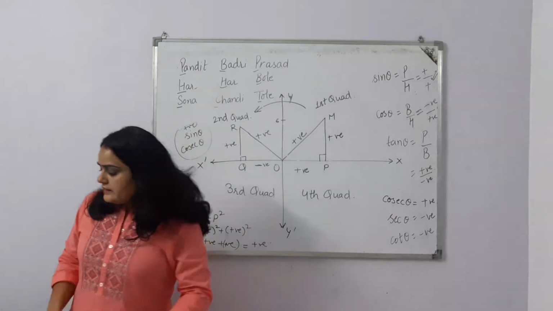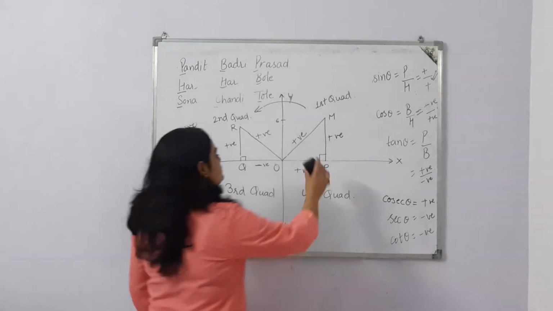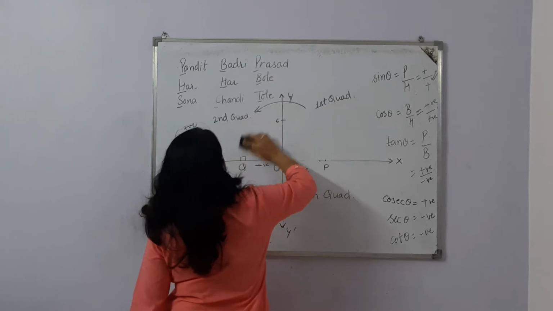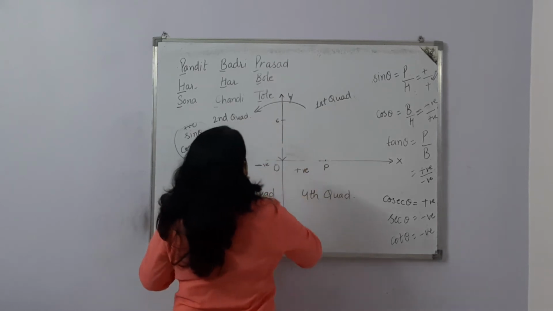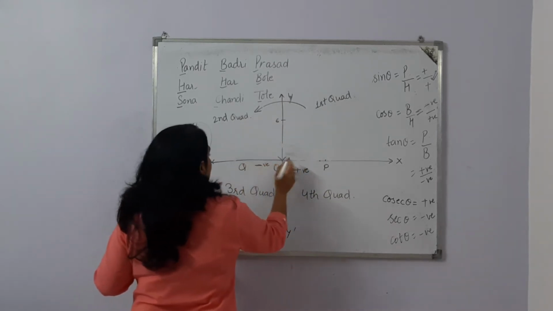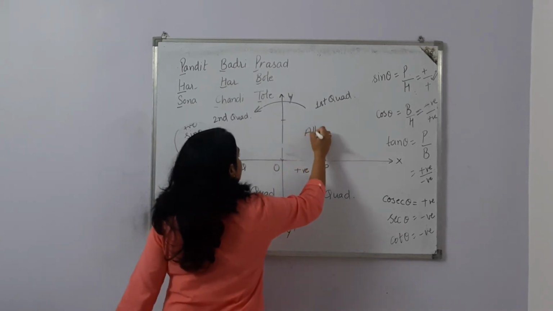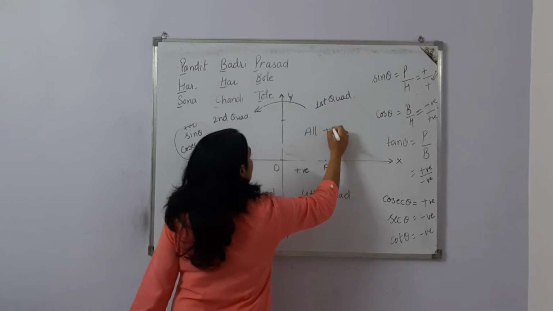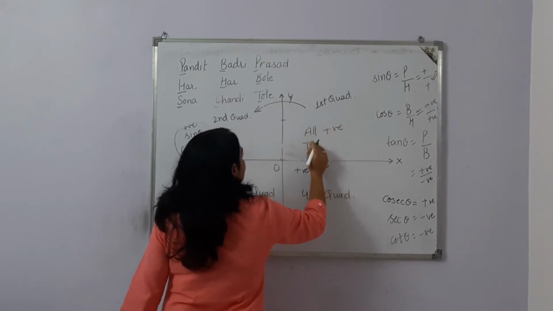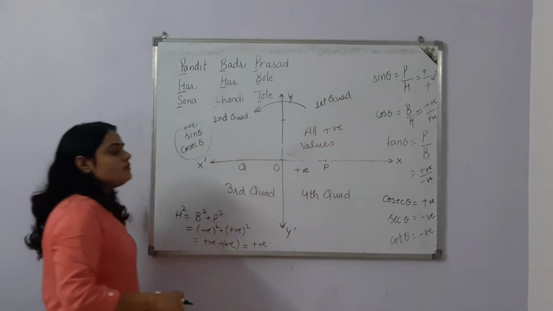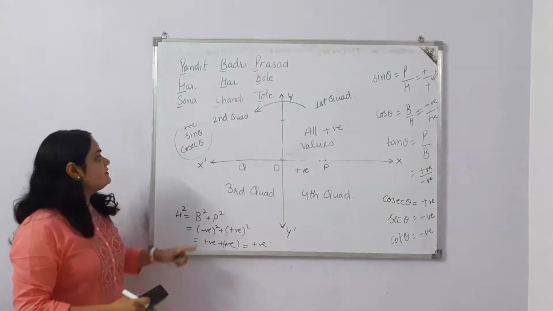So till yet, in the first quadrant, we are getting all positive values of all 6 trigonometric ratios.